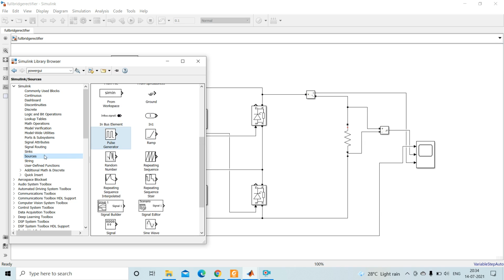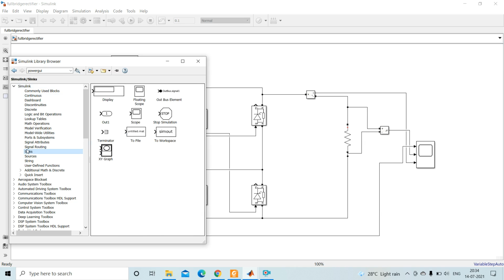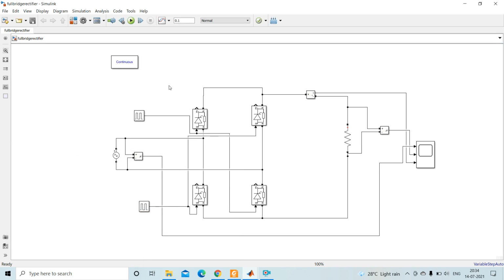Under Simulink, in Sources, you can get this pulse generator, and from Sinks you take the scope. Understood? So let's go to this. We are connecting this. I will remove everything so that you can understand clearly.